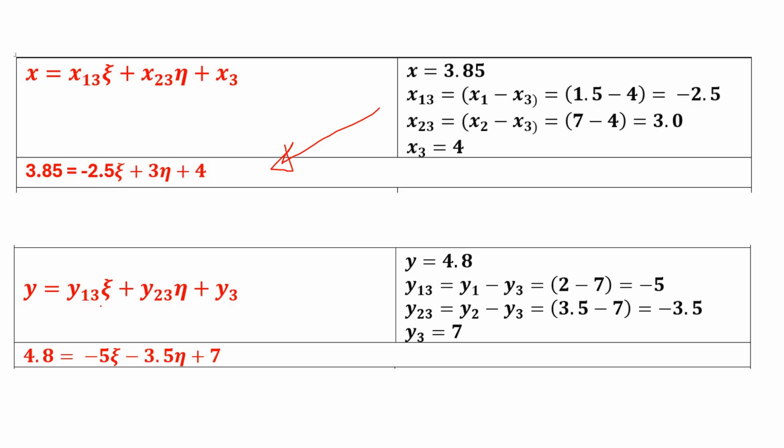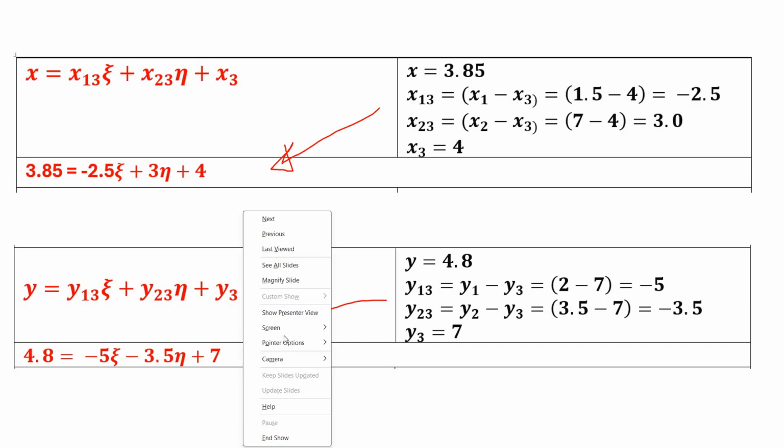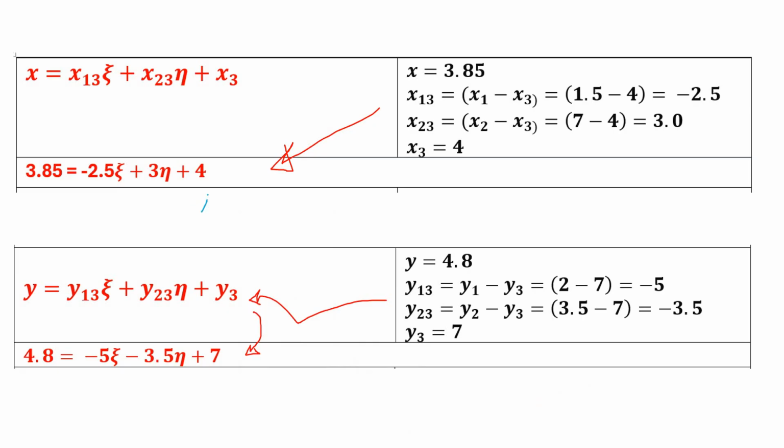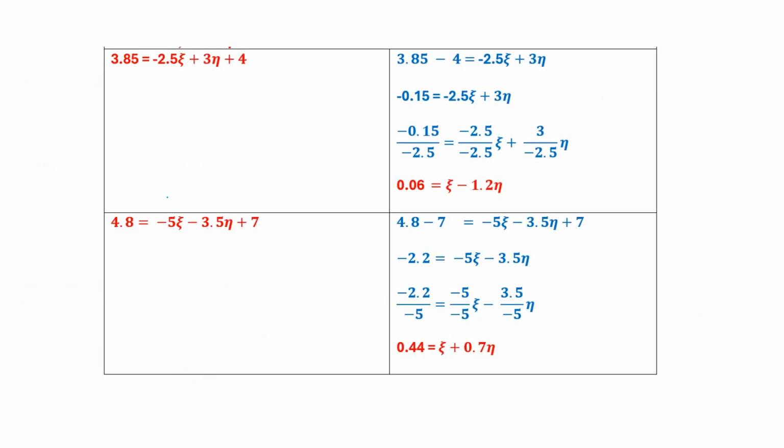Similarly, we know that Y equal to Y13 psi plus Y23 eta plus Y3, and on substituting these values in this equation, after the calculations, you get this equation. Now you have got two equations, equation number 1 and equation number 2. Two equations, two unknowns, solve them. Finally, you will get the value of psi and the value of eta.